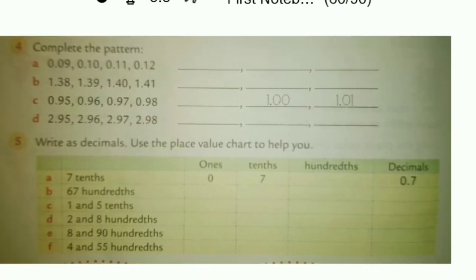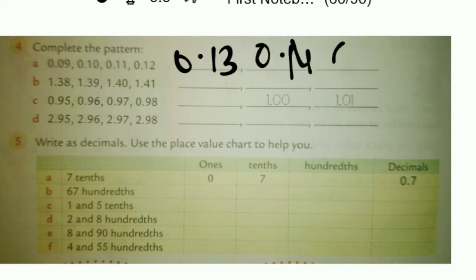Question number 4. Complete the pattern. 0.09, 0.010, and 10 we don't have to read like this. We can write 0.10. Then 0.11, 0.12, 0.13, then 0.14, then 0.15.